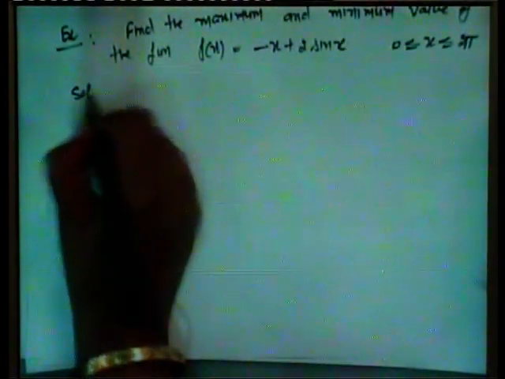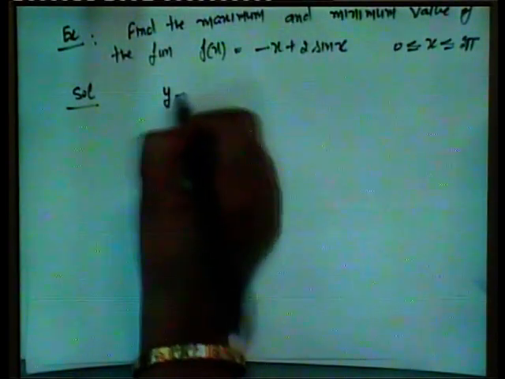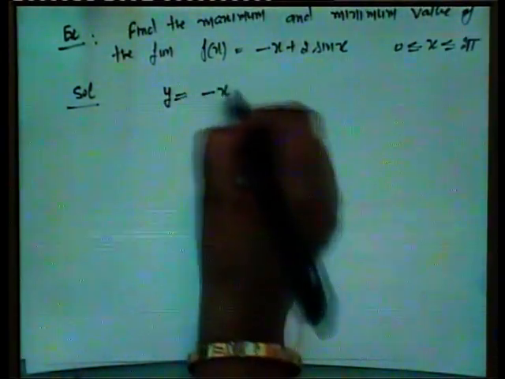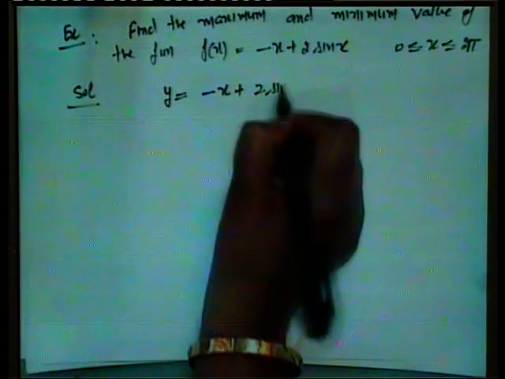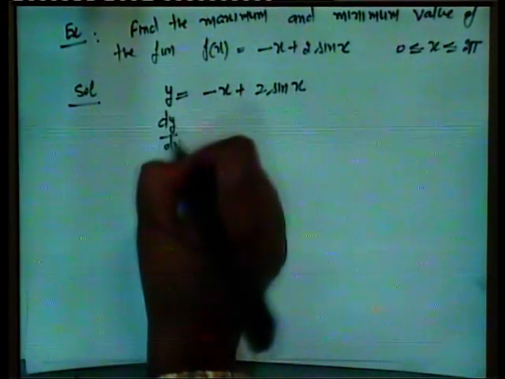We will solve this question. First of all, put y is equal to minus x plus 2 sin x. Then find dy by dx.